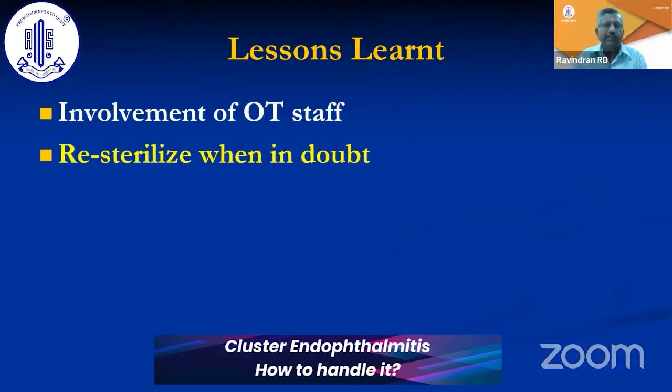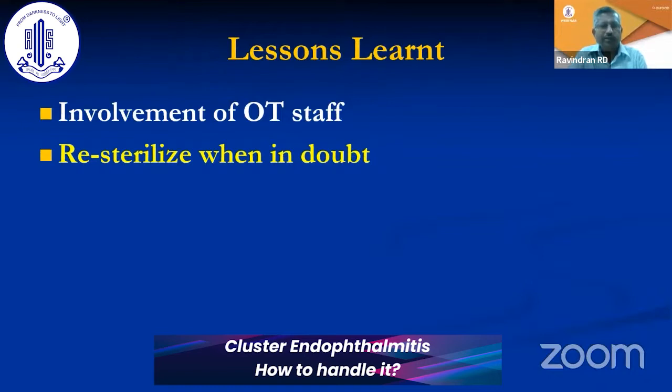The second is the involvement of the OT staff. On the particular day when this incident happened, the staff were not very happy about the bin. When a set of instruments has undergone a full cycle of autoclaving, they really have the feel of the towel and the instruments, all of that, which was missing in this case, even though the sterilization marks were appropriate.